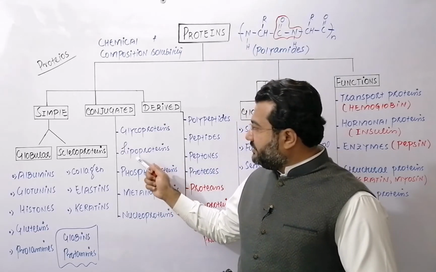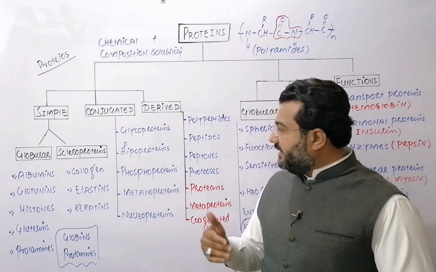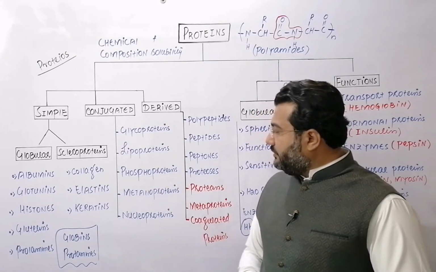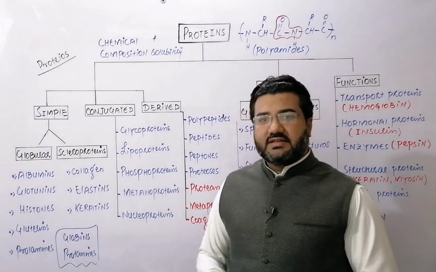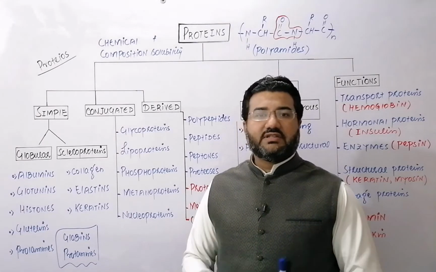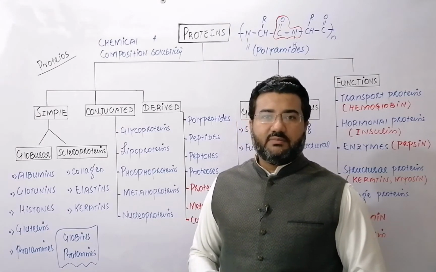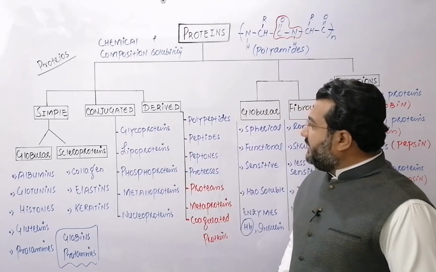Lipoproteins, conjugation of lipids and proteins. Phosphoproteins, conjugation of phosphoric acid and proteins. Metalloproteins, conjugation of metals with proteins. And nucleoproteins, which consist of nucleic acid and protein.